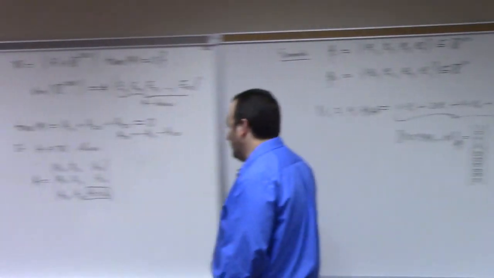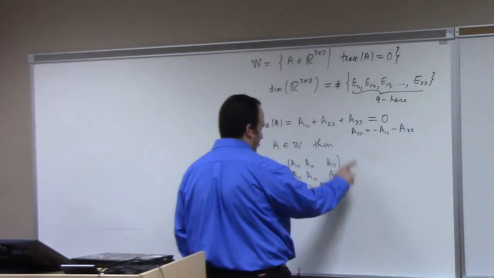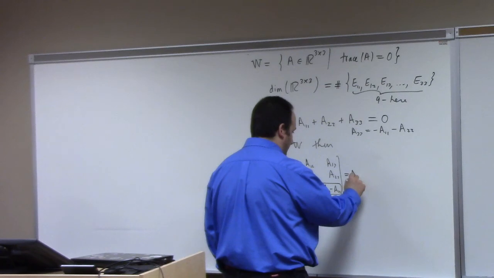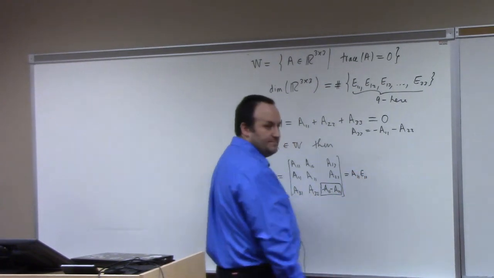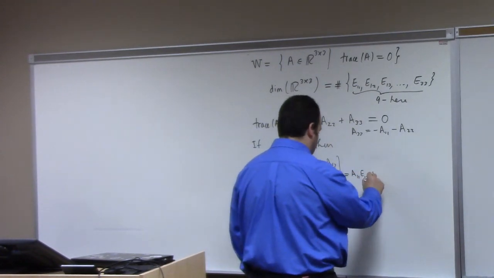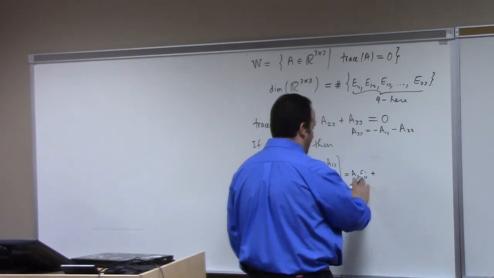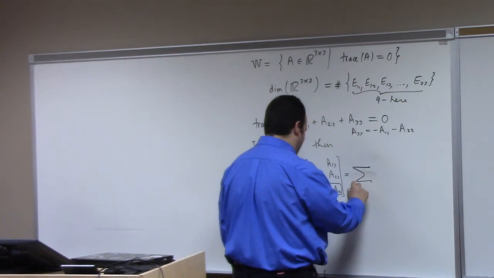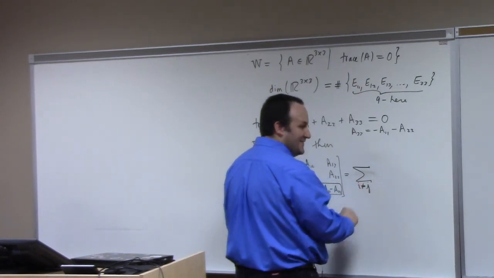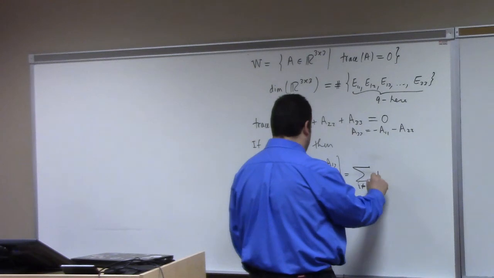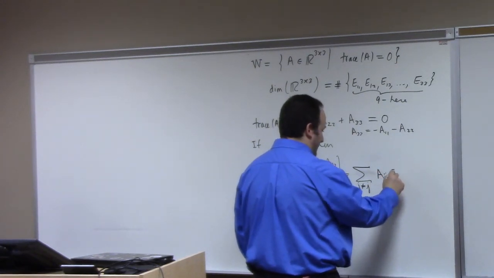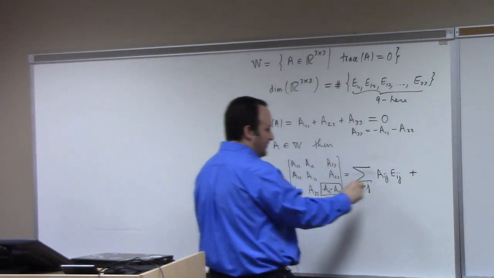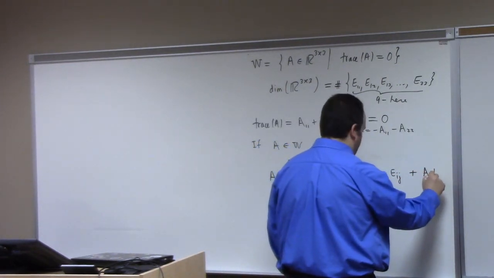So what if you were to write this out in terms of, what is this? This is like A11 E11 plus what? Well, I'm getting tired of writing that, so let me just write it out this way. This is the sum, i not equal to j, of Aij Eij, plus A11 E11.